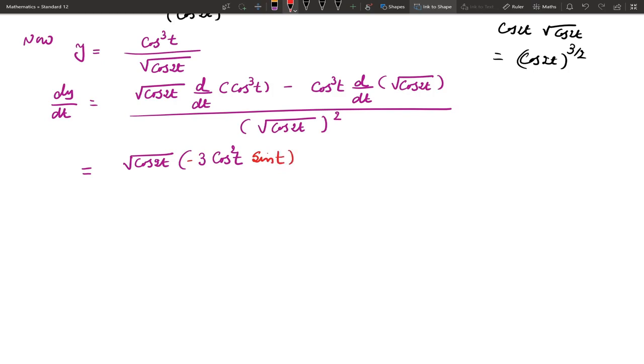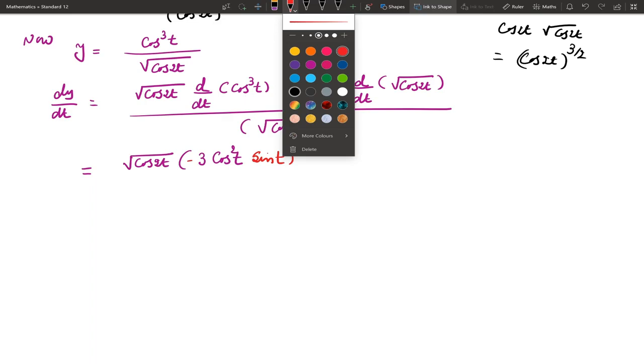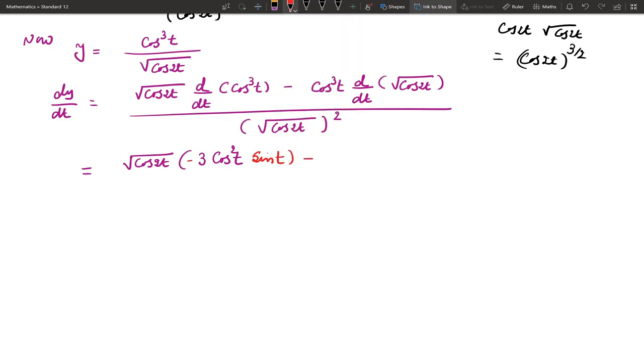The derivative of cos cube t is 3 cos square t into d by dt of cos t, that is minus sin t. Minus cos cube t into d by dt of root cos 2t.